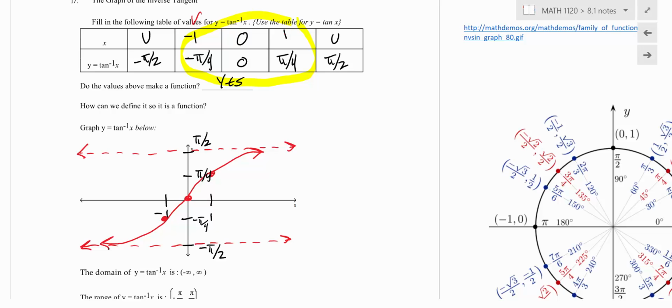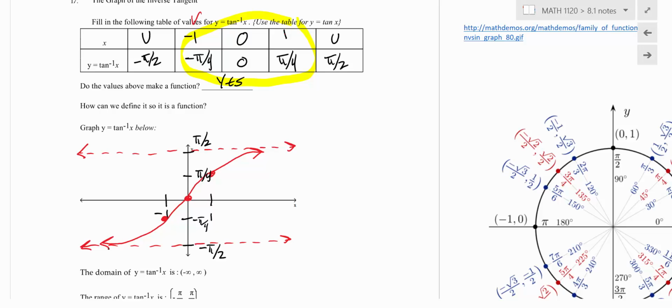If you look at the domain, it's all real numbers. This graph goes forever to the left and forever to the right, so the domain of the inverse tangent is negative infinity to infinity. What's the range? It's strictly from negative pi over 2 to pi over 2, right? Does it include negative pi over 2? No, because there's an asymptote. It'll never touch that. Does it include pi over 2?